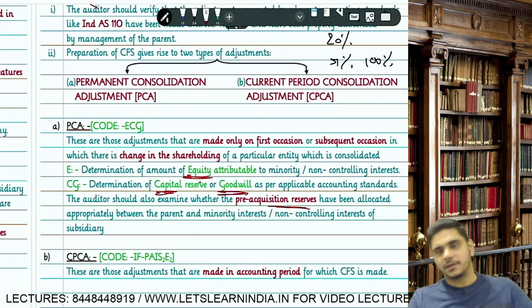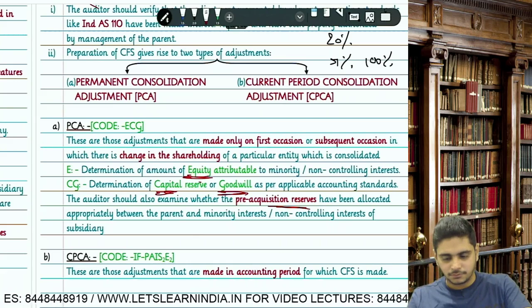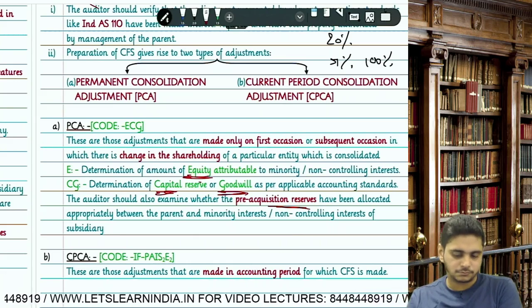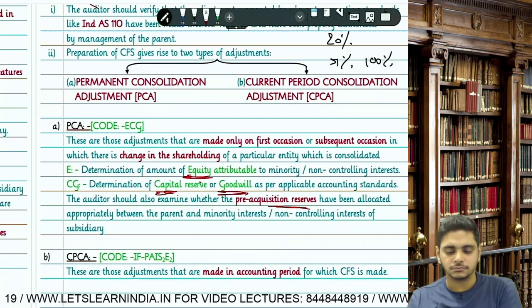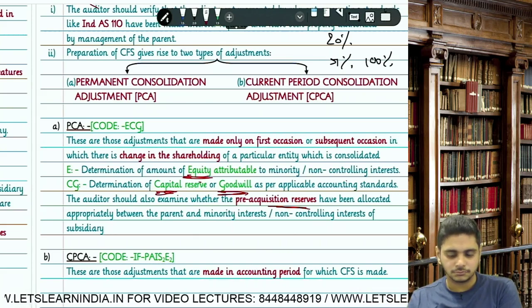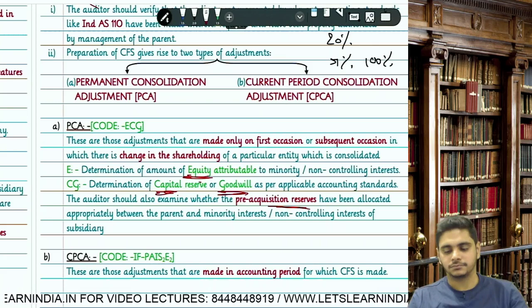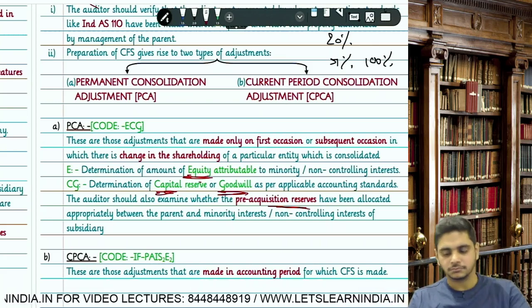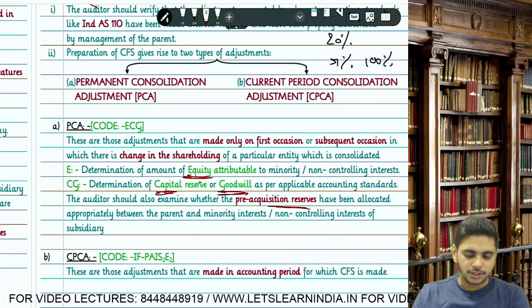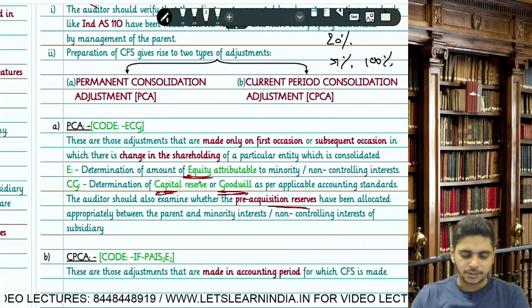Draw two arrows. Write A, permanent consolidation adjustment, B, current period consolidation adjustment. Now in that, write A, permanent consolidation adjustment.